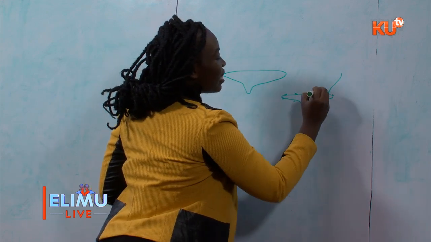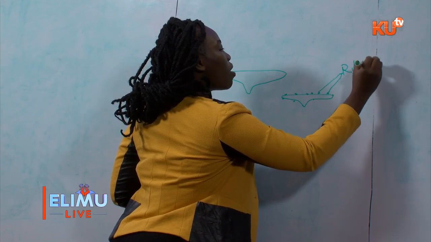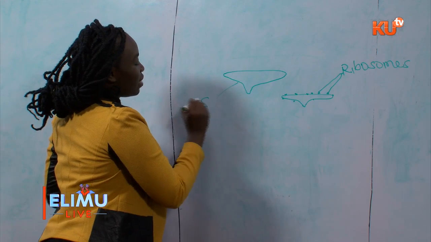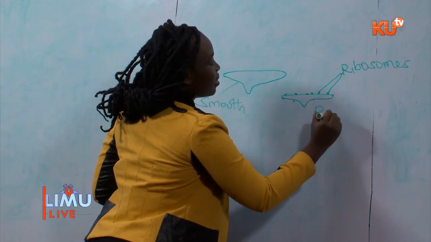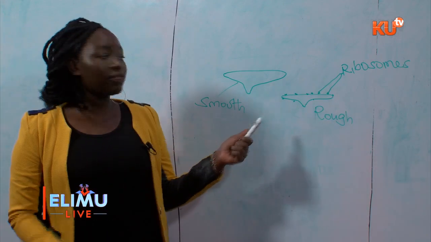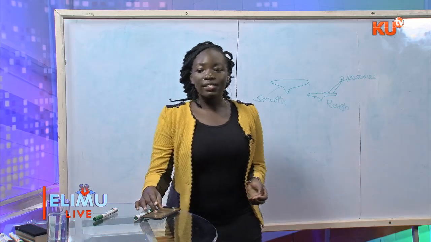These are what we call the ribosomes. And this is the smooth endoplasmic reticulum. This is the rough. They both have different functions that we will talk about later in our class as we continue. So let us start with the first question as we go to the next slide.